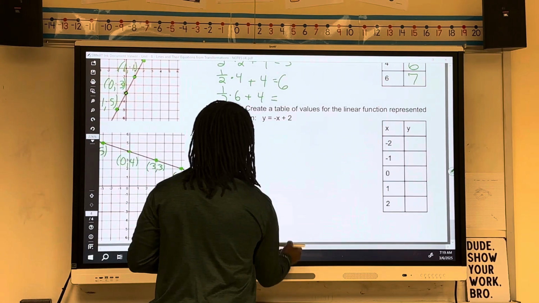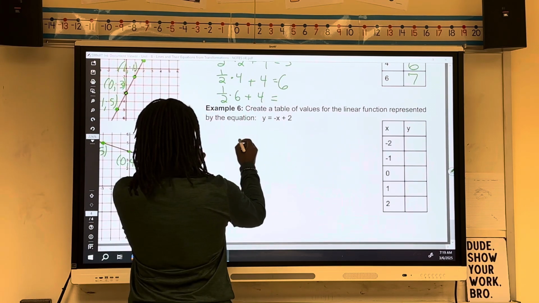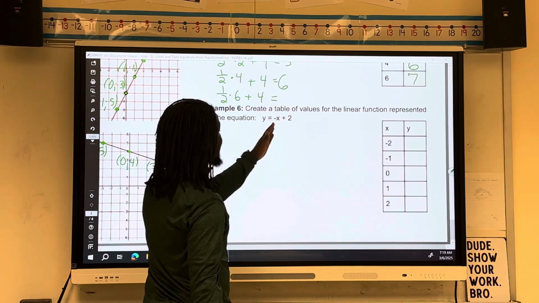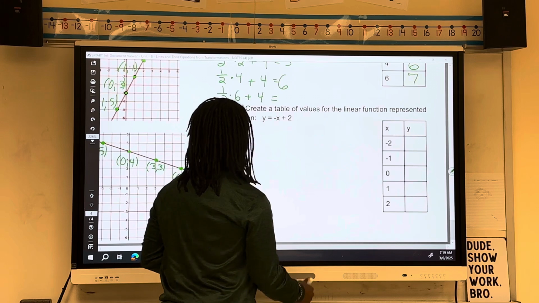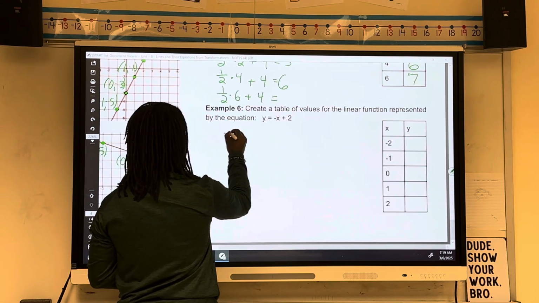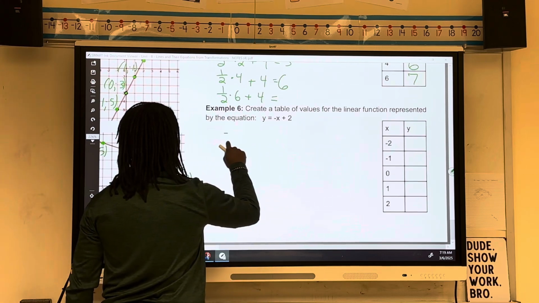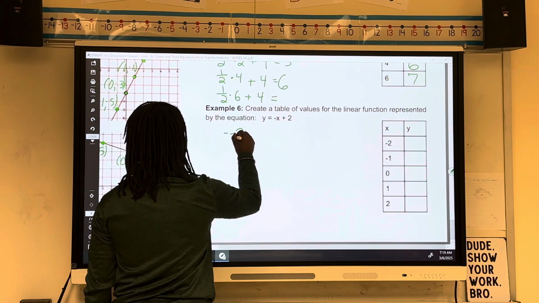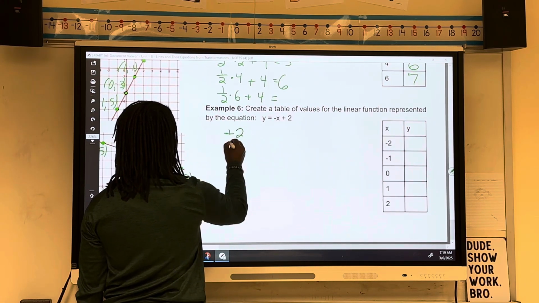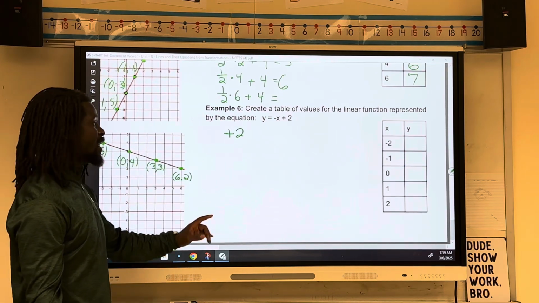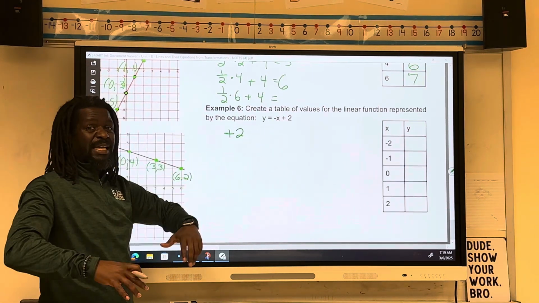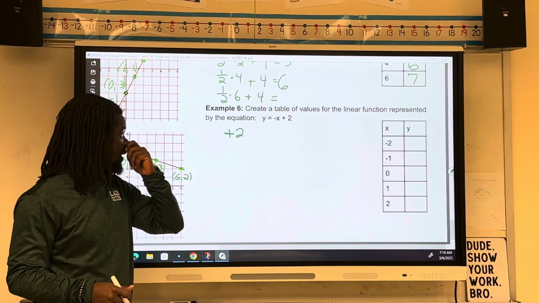All right, so this time we got -x. So that means we got to take the opposite. So I got a -2, then I got another negative here, so that really becomes a positive. So I want you to think of this negative as the opposite of what's in the x.